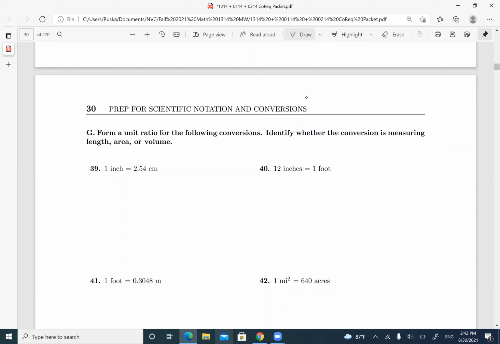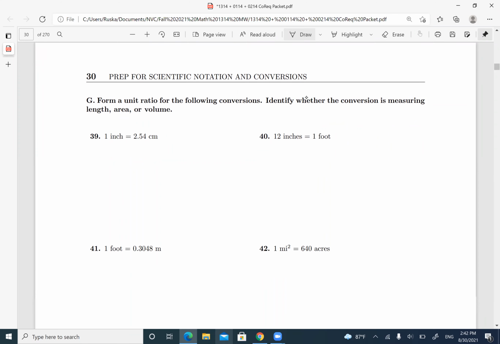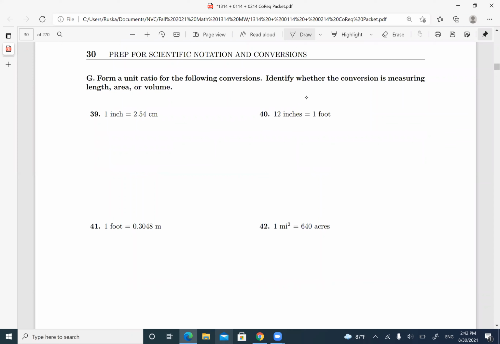So the next page, the last page I'm going to go over is: form a unit ratio for the following conversions. Identify whatever the conversion is measuring: length, area, or volume. So here we have... so what is the unit ratio?